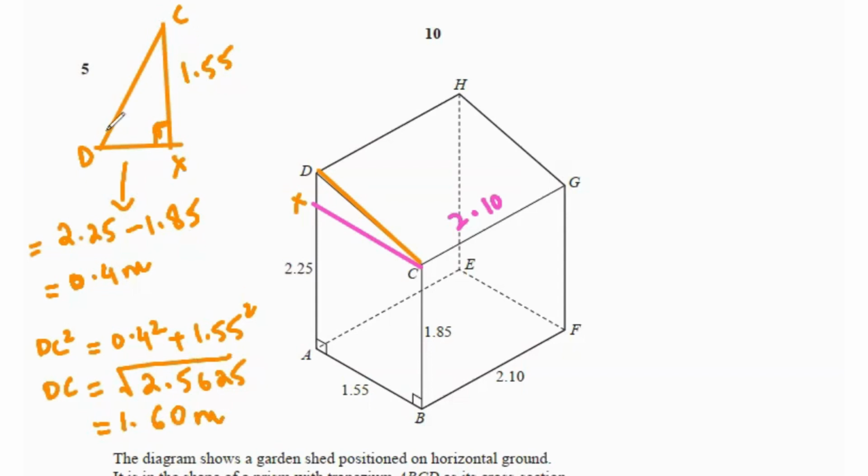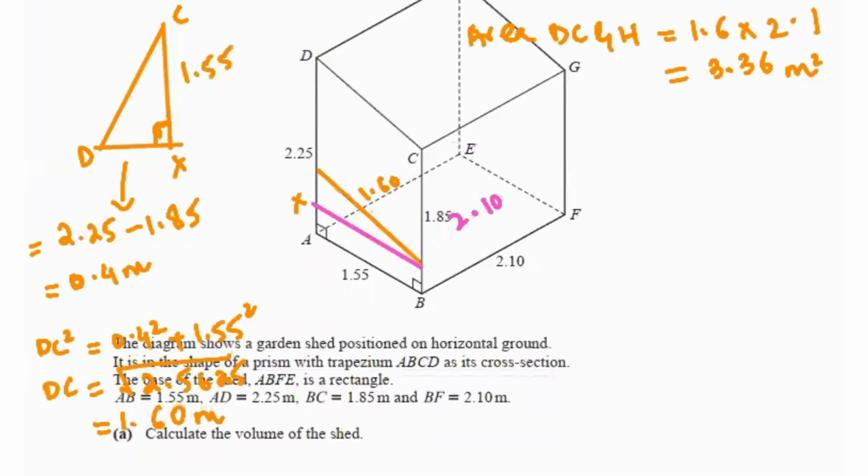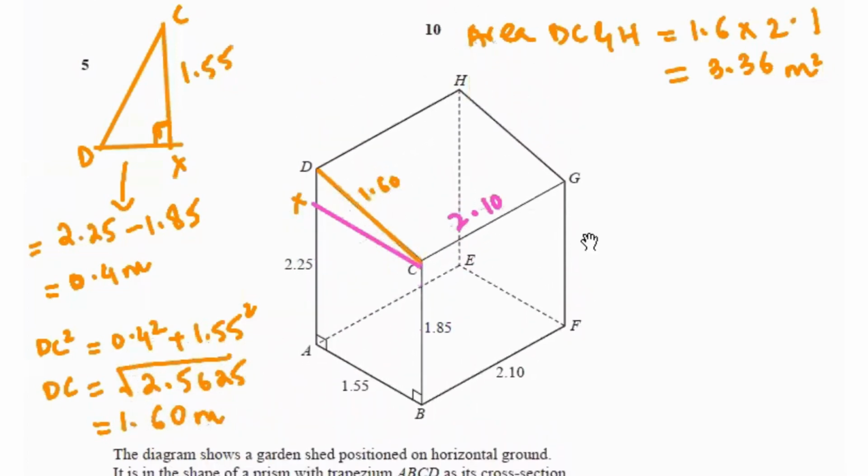That is your DC. So if we have this 1.6, we can find the total area of this face, DCGH, which is going to be 1.6 times 2.1, and that will give us 3.36 meters square. The question said that we had to find the paint.